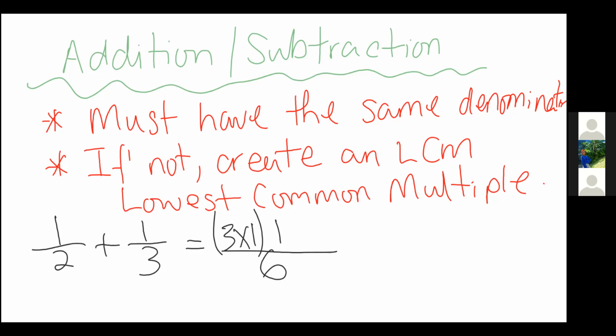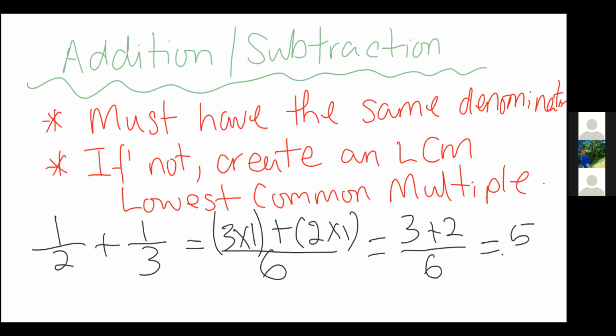And then we say add, because there's an addition sign, and we repeat the process. How many times can 3 go into my LCM, which is 6? 2. And we take that 2 and we multiply by the numerator, so 2 by 1. And then we work this out, which is 3 plus 2 over 6, which is 5 over 6.